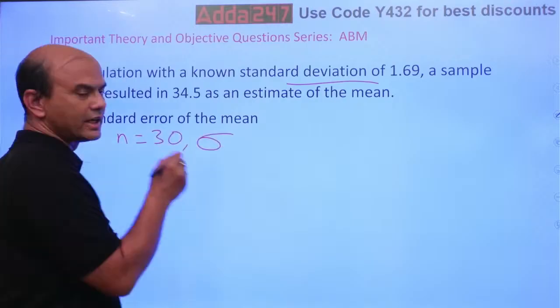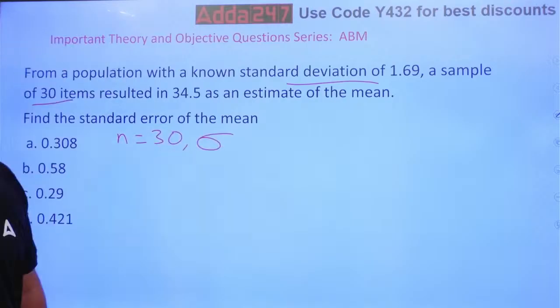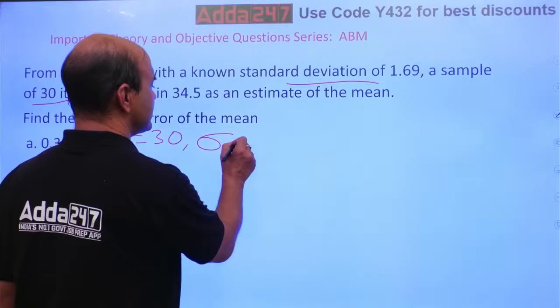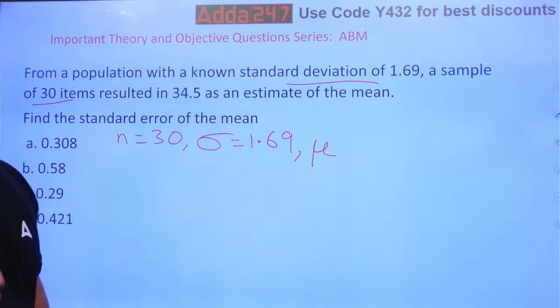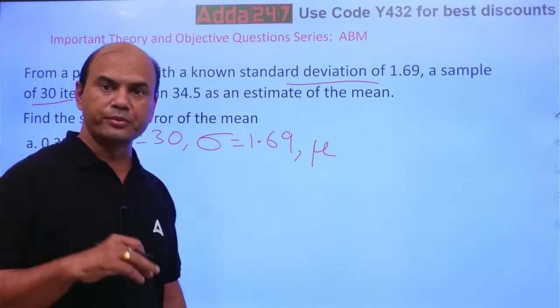Psi is written like this, this is the Greek alphabet. Psi equals 1.69. And what next? Mean. Mean is always written as mu. So that is equal to 34.5.